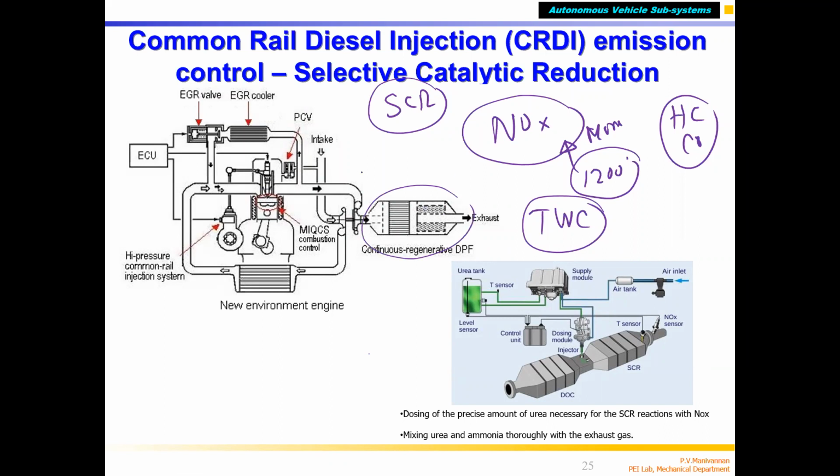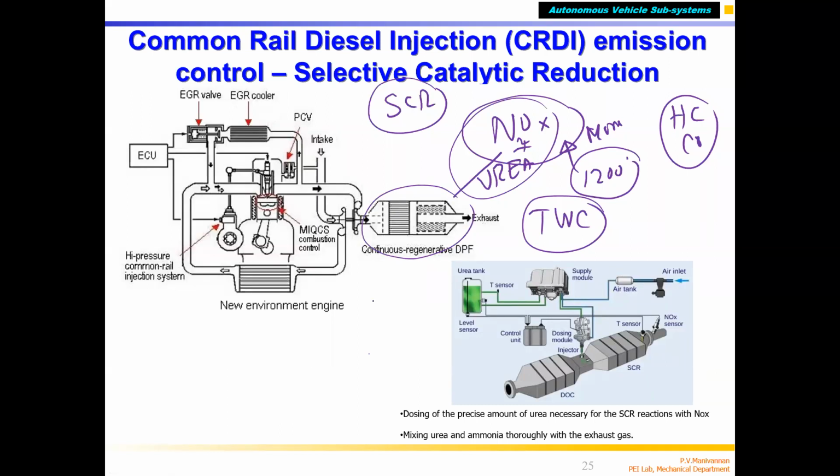You inject urea, mixed along with water. That will react with NOx, and it automatically converts to N2 and so on. That is called SCR, selective, because that will be connected here.